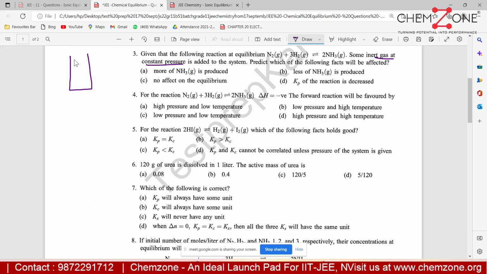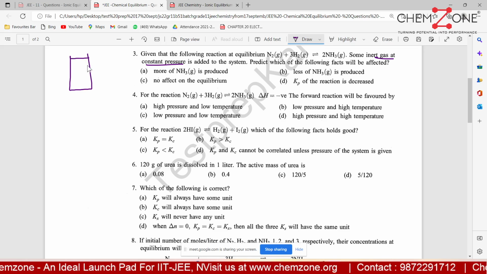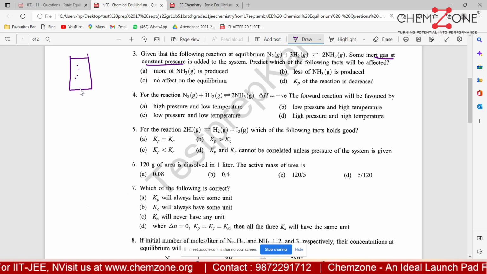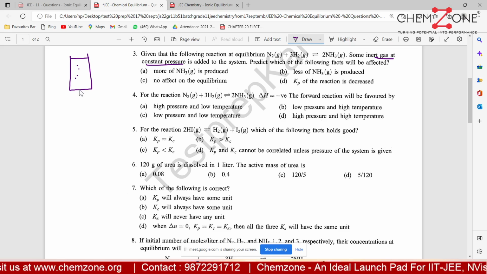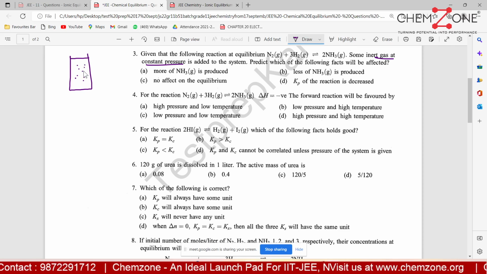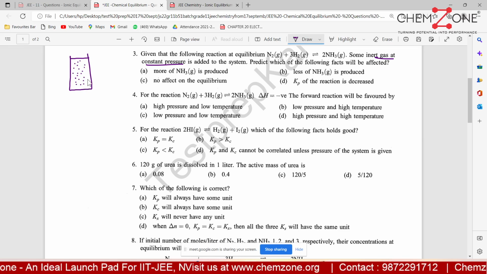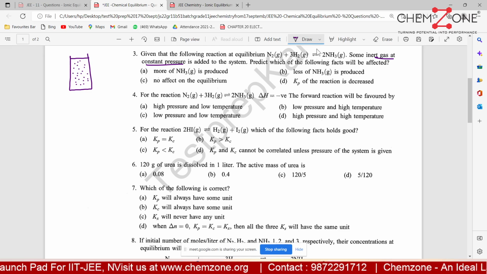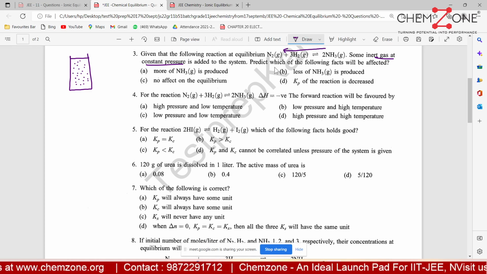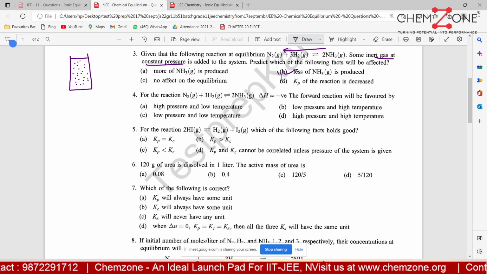When you add inert gas, the volume will increase. If the volume increases, the pressure will decrease, and the equilibrium will shift towards the greater number of moles. So ammonia will go in the backward direction, and less ammonia gas will be produced.